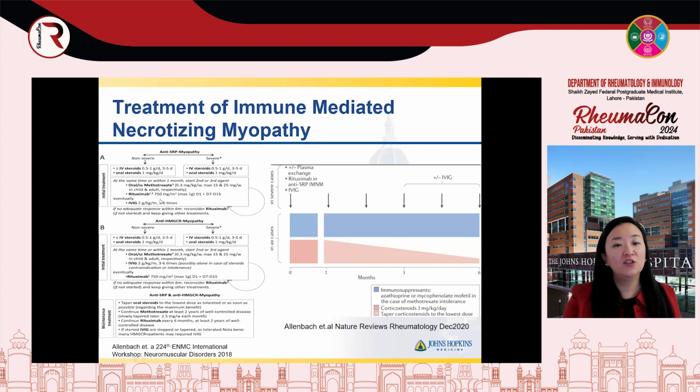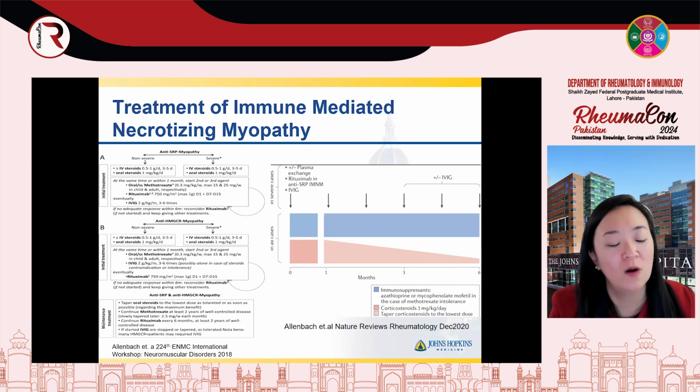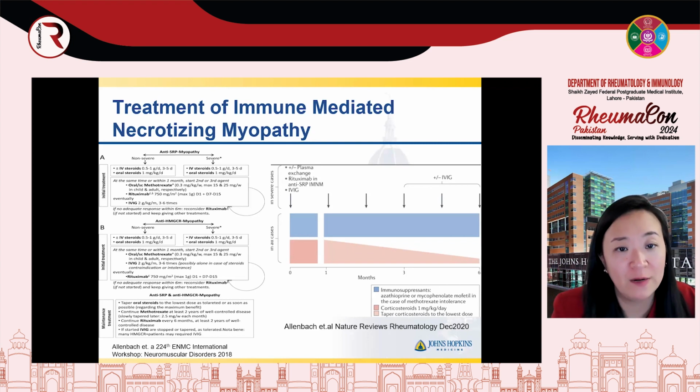You can see on initial treatment, patients, whether severe or not severe, will get IV steroids and then start at the same time. The time is a bit urgent here because they can get early fatty replacement.